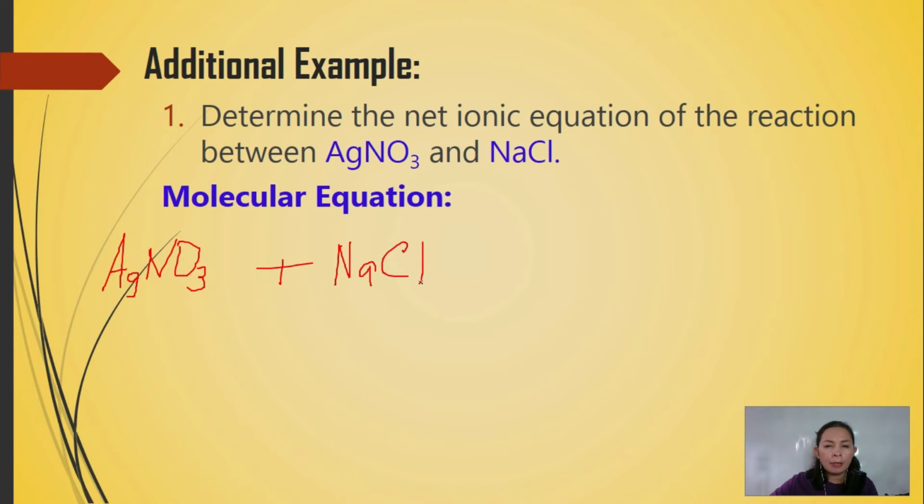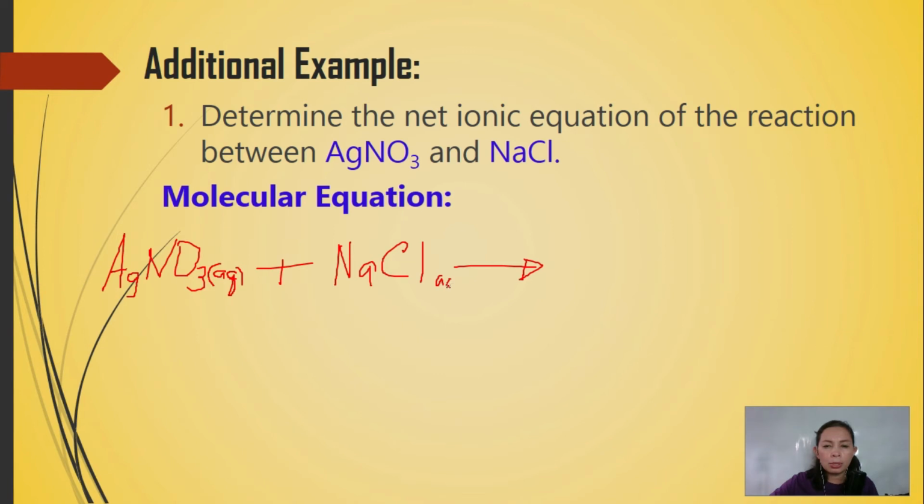Before we predict the possible products, let us first identify if these are soluble or not in water using the solubility rule. Since we have here nitrate ion, this is soluble in water. So I will write the subscript AQ. In the same manner, sodium chloride is also soluble because of the alkali metal sodium.